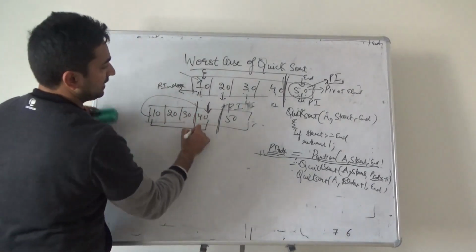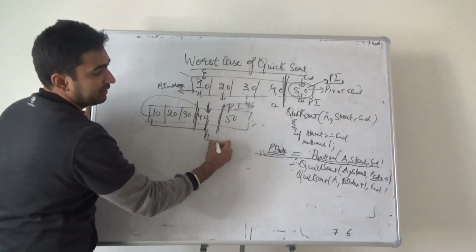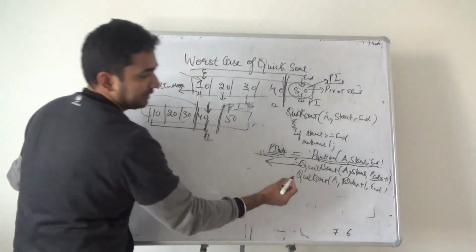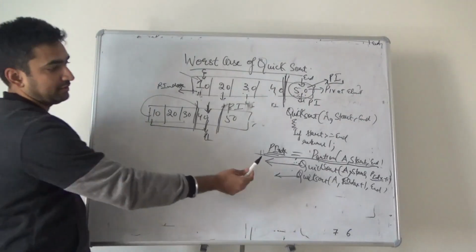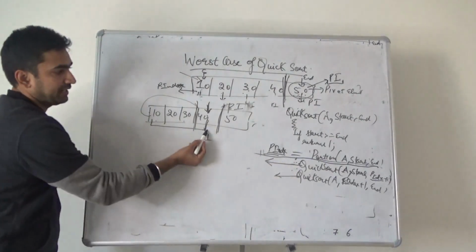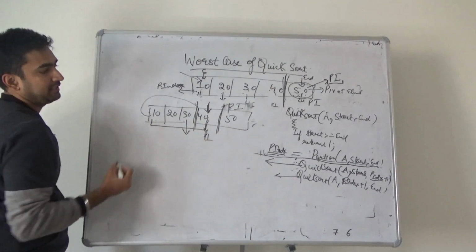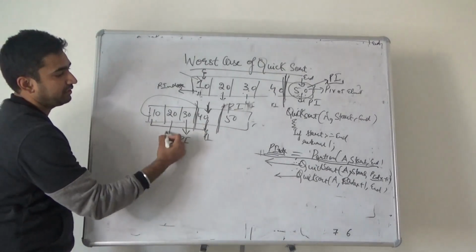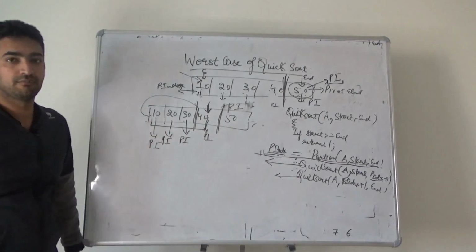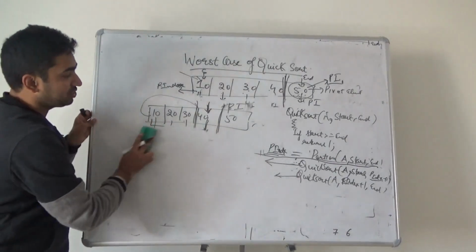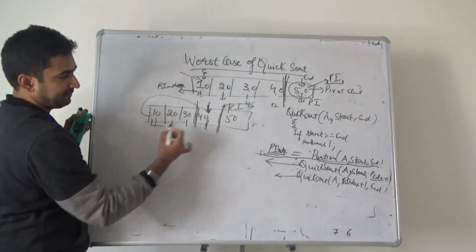Then again your partition index will come over here. This statement and this statement you have to analyze. Again 40 comes here, then again the partition index will come over here for 30, and again and again. So, eventually you are sorting the elements.